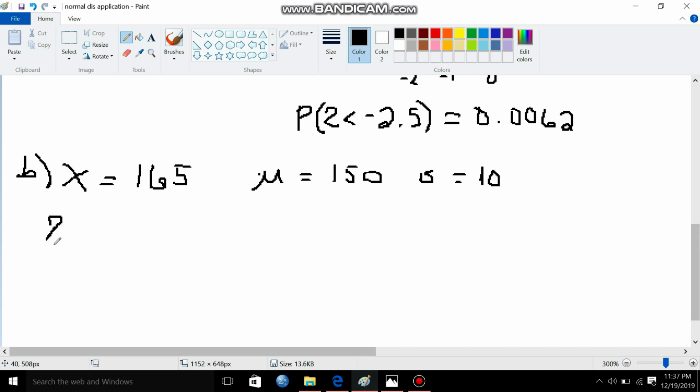Solving for Z, we have Z equals 165 minus 150, all over 10.